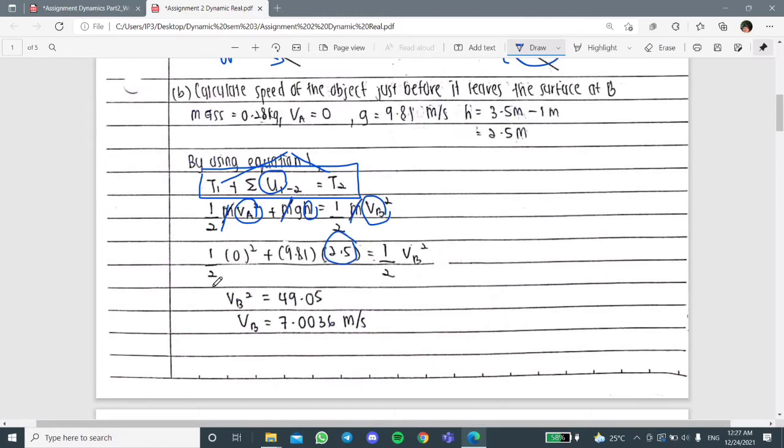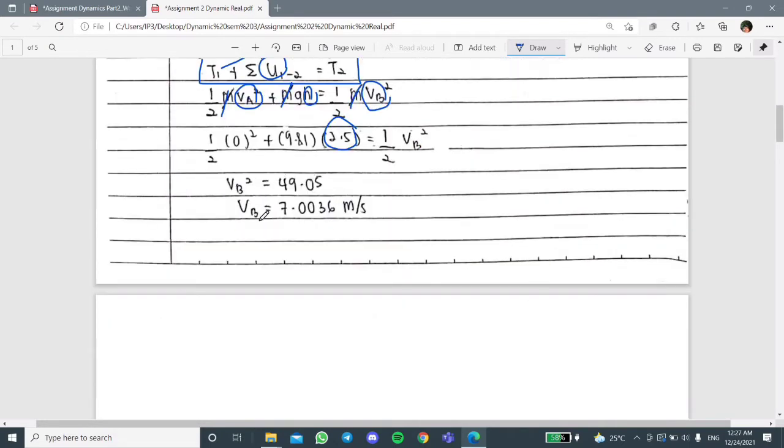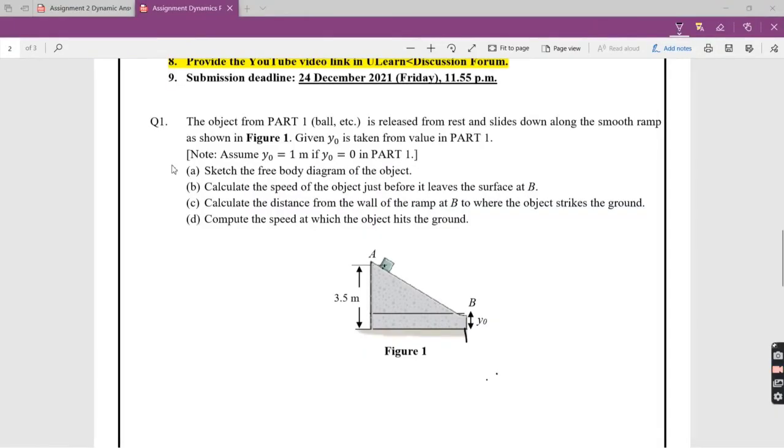So we just put in all the values, and then we get VB equal to 7.0036 meters per second.